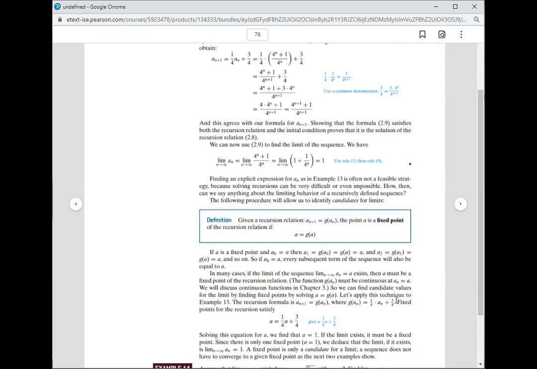So we can find a candidate value for the limit by finding the fixed point, by solving A equals G of A.